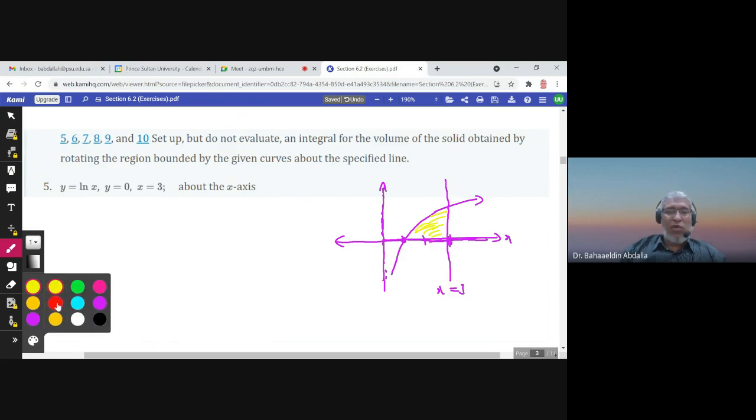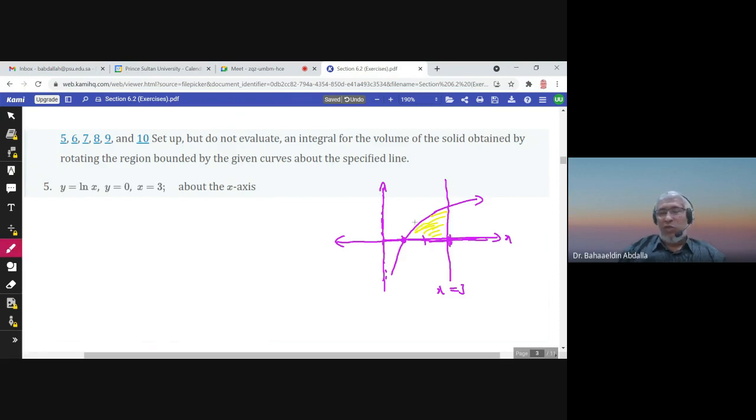So now what do we want to do? We need to rotate, revolve this region about the x-axis. So we will take a vertical rectangle, perpendicular to the x-axis. Good. And we have a solid.